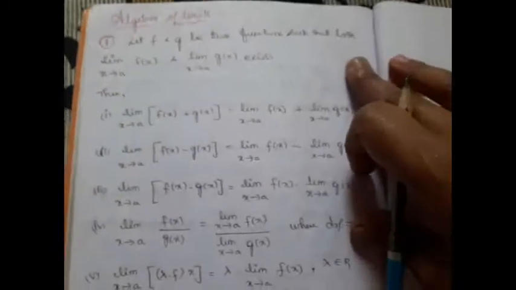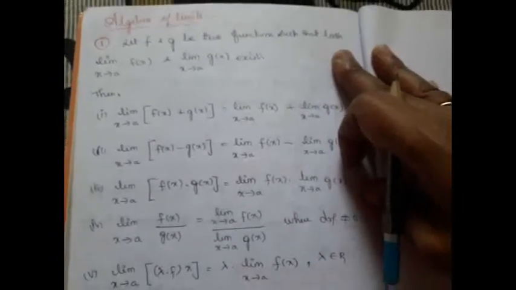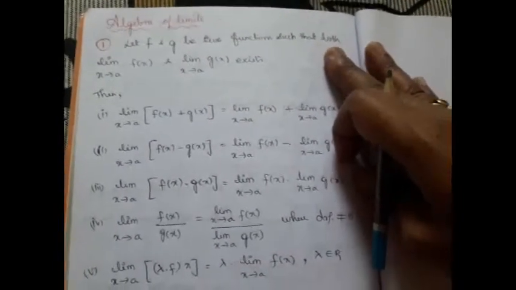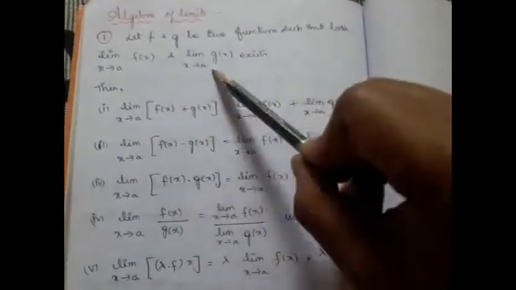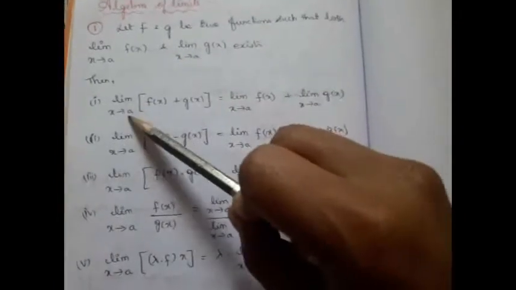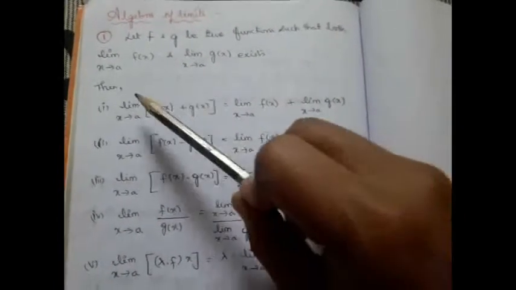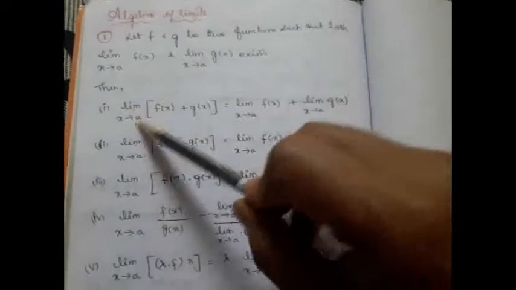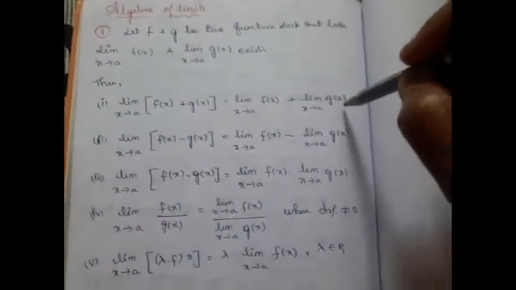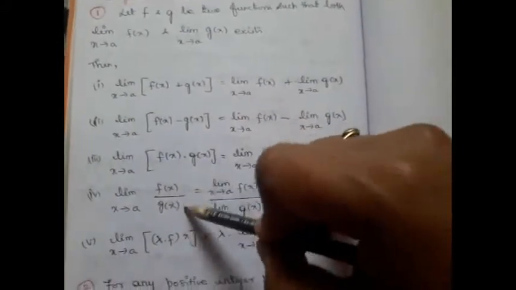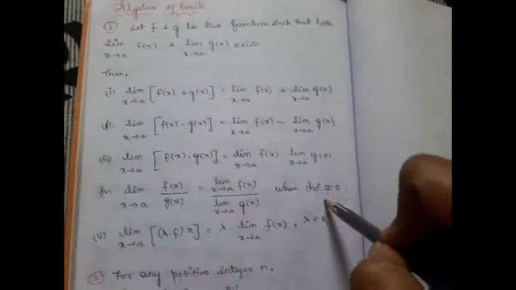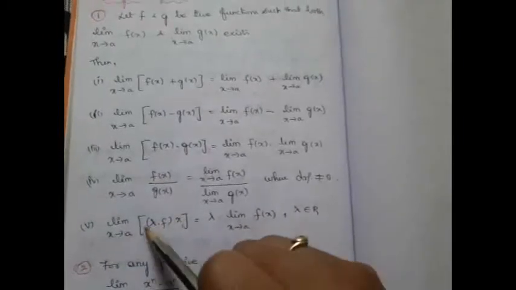Right? Next, we are going to learn about the algebra of limits. So we can do all our algebraic operations, arithmetic operations with the limits as well. Let f and g be two functions such that both the limits exist. Then limit x tends to a f of x plus g of x is nothing but limit x tends to a f of x plus limit x tends to a g of x. This is true for subtraction, multiplication, and even for a division, quotient when the denominator is not equal to 0, and this is also true when we have a scalar where lambda is any real number.